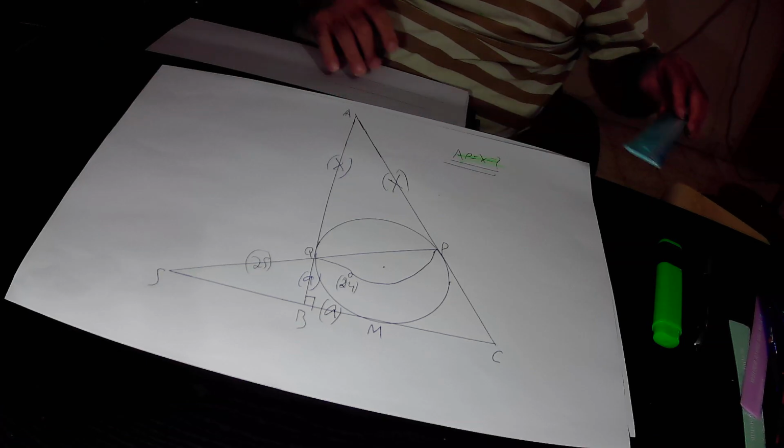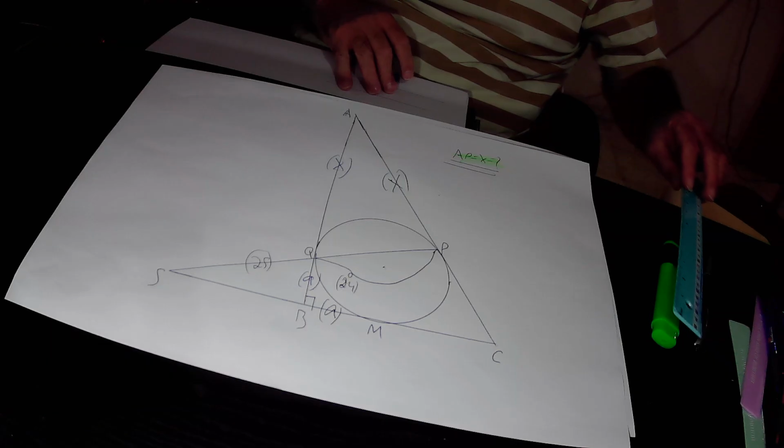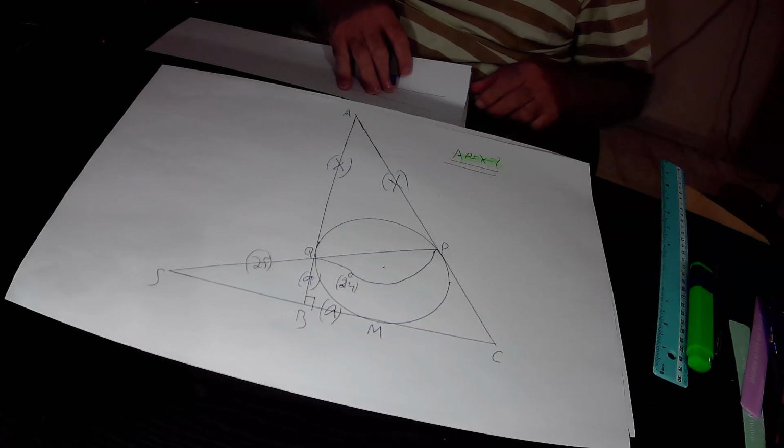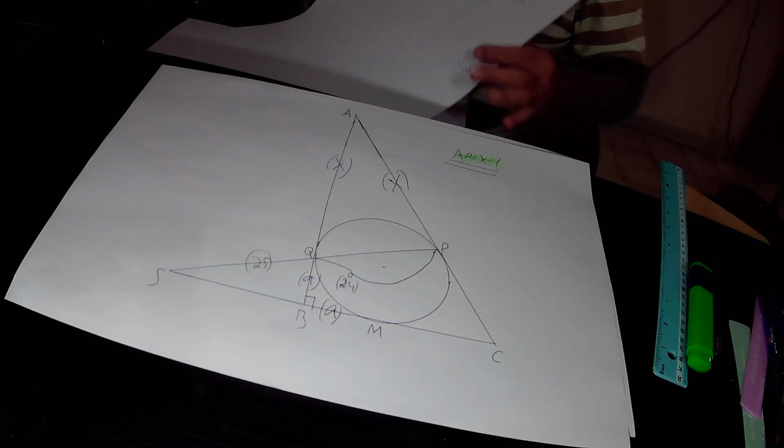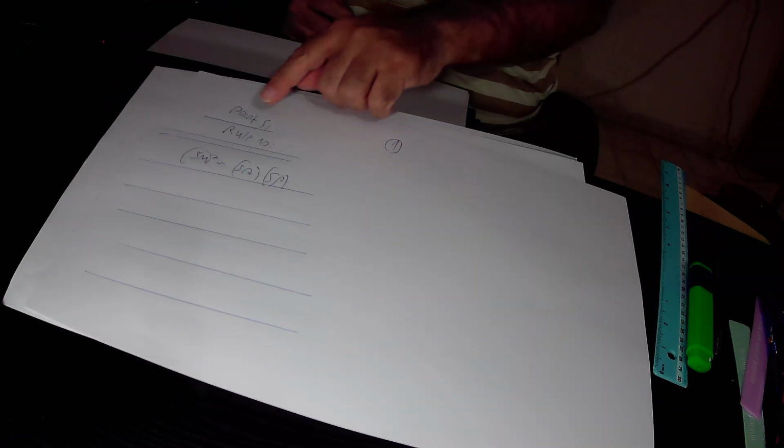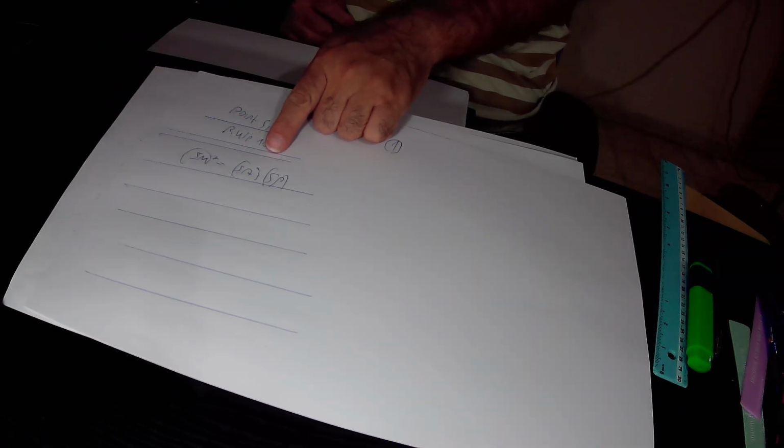And again, according to rule 10, if you focus on the common point S, the following equation is true: SM squared equals SQ times SP.